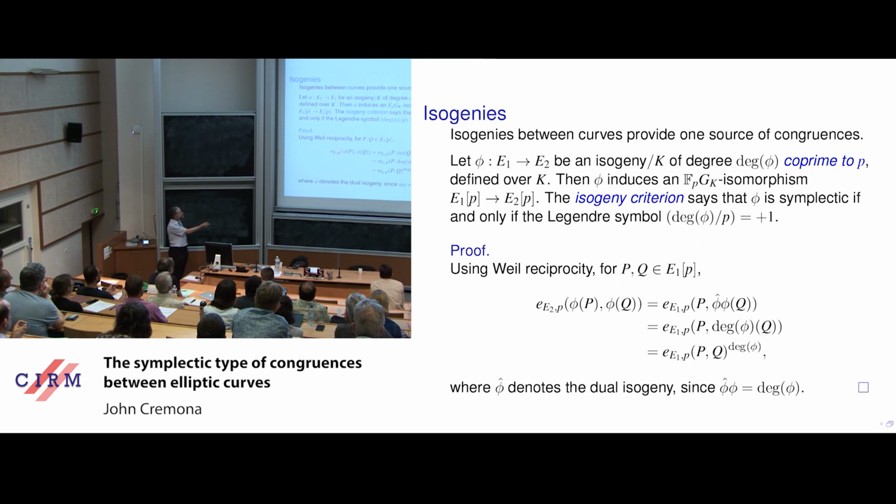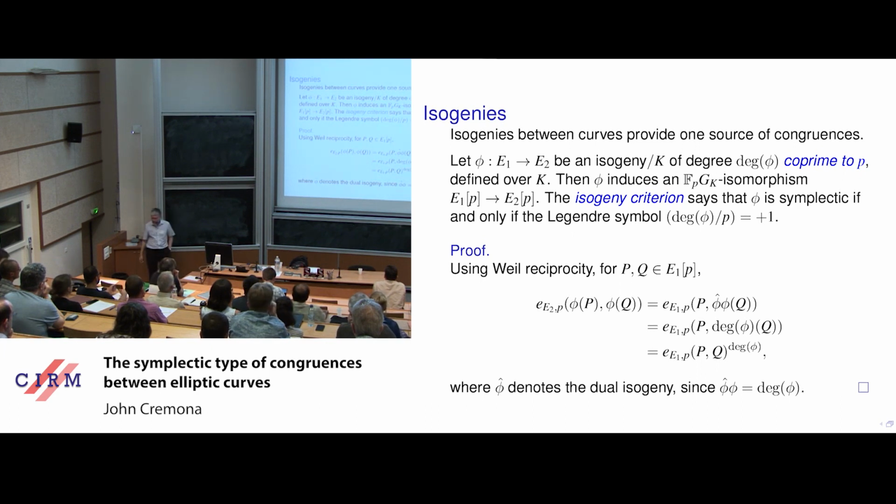If you apply the isogeny to P and Q and then apply the Weil pairing on E2, then Weil reciprocity tells you that you can pick up this isogeny and put it down over here with its dual. So phi hat is the dual, and then phi hat times phi is multiplication by the degree, and so by linearity that gets raised to the power. So this is an example of the formula on the previous slide, and the quantity I called d_phi there is just the degree of the isogeny.